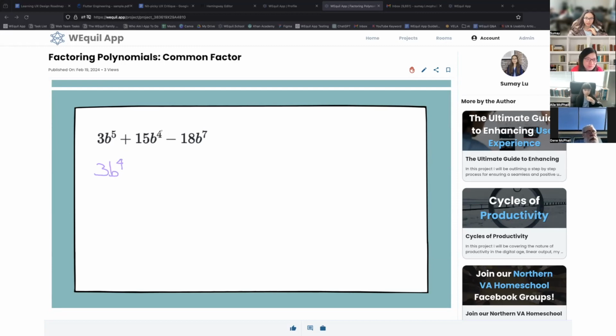That's the lowest power here. And then multiplied by 1b, or just b, because 3b to the power 4 times b is 3b to the power 5, right? Because the exponent is just b multiplied by itself that many times.